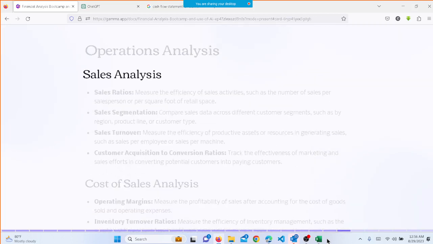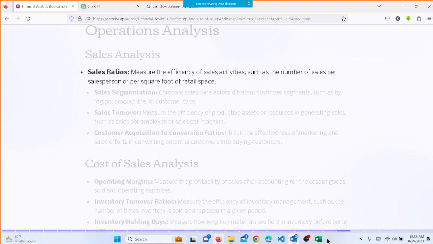Okay, so apart from these ratios, the management also tries to understand the operational analysis using sales. Sales analysis is usually done through the sales ratios, where we try to understand the effectiveness of sales: sales by person, sales by segment, sales by customer, sales by geography, sales by product, sales by different types of segmentation that we have to do.